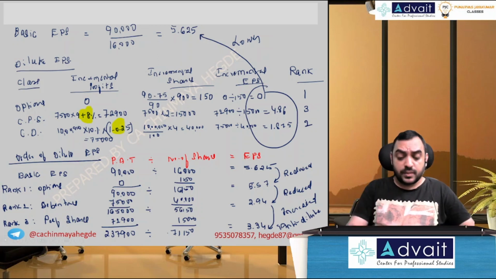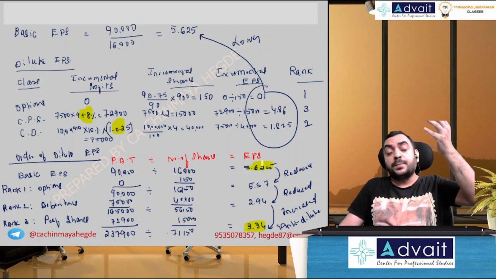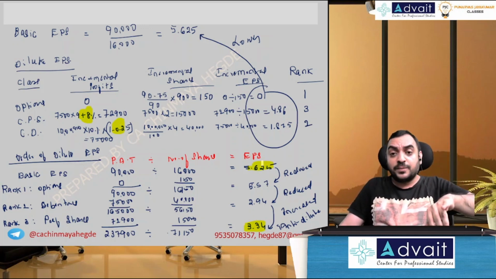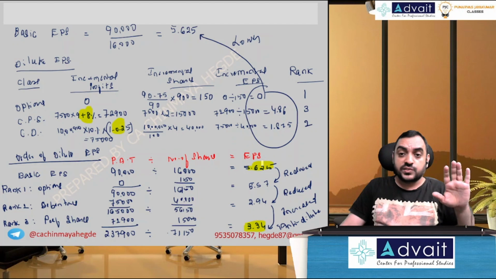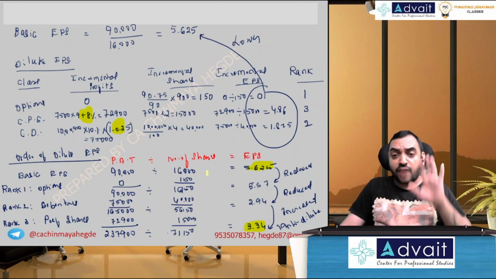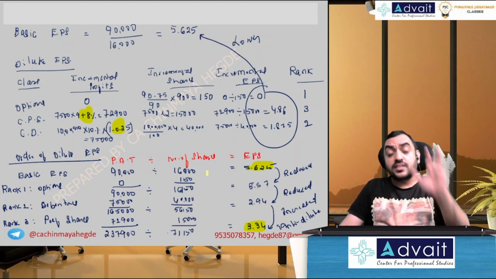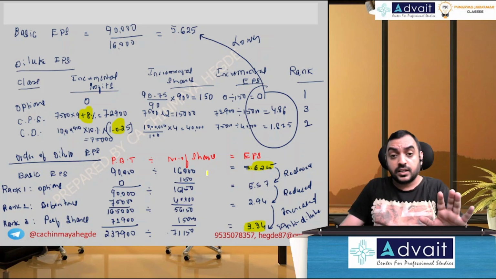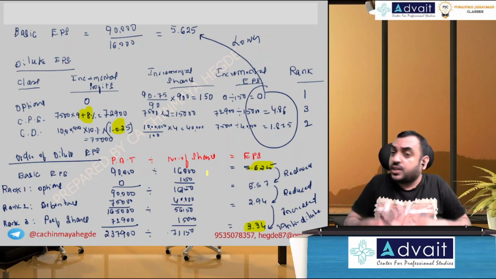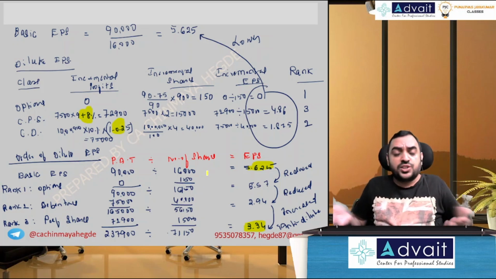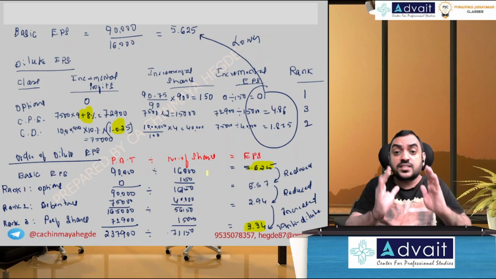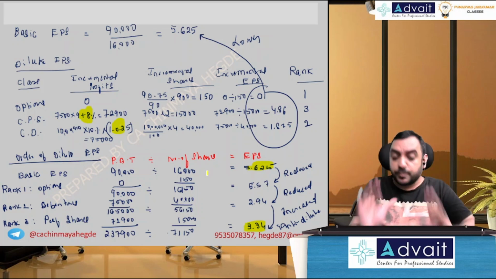And what one mistake should you not make? Do not compare 3.34 with basic EPS and say it is lower than basic EPS, sir, so it is dilutive. Don't think on those lines. We have to report the lowest EPS possible. We might use only preference shares, we might use only debentures, it does not matter, but the lowest EPS is our target to be reported.